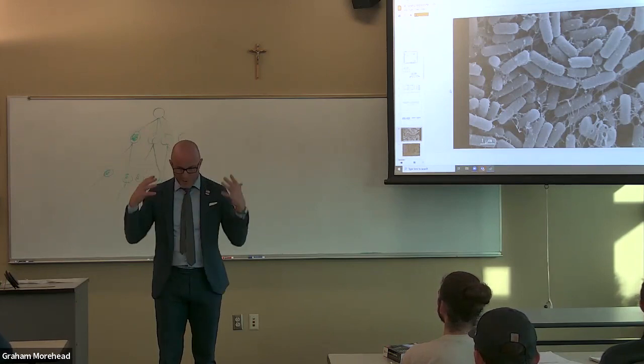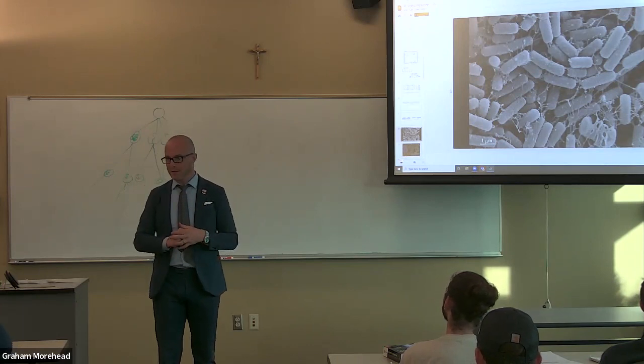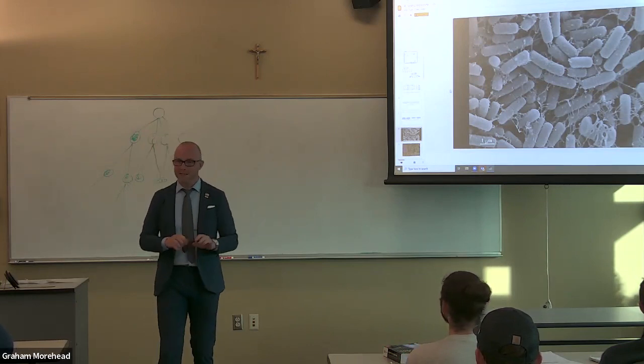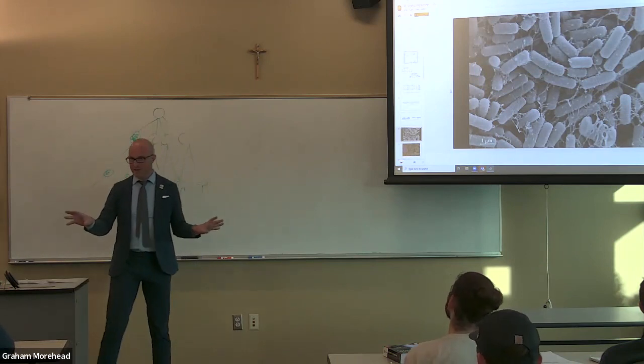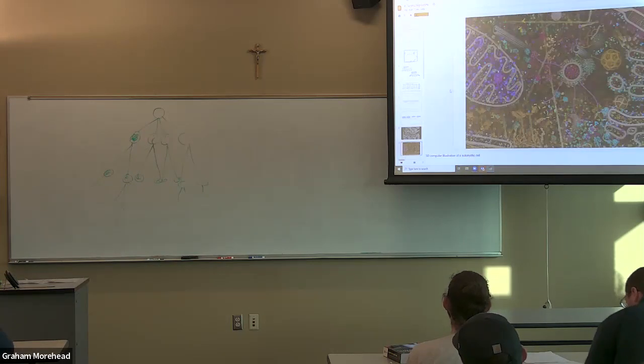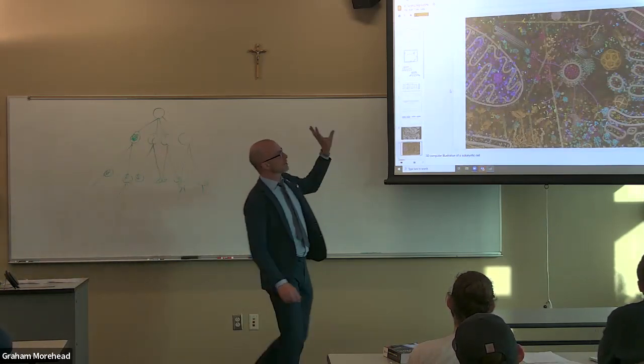In your body overall, there's about 10 bacteria cells for every human cell. You're mostly bacteria. Now that's if you just do it by number of cells. Bacteria cells are so small that's how it works out. But human cells are eukaryotic, way more complex.